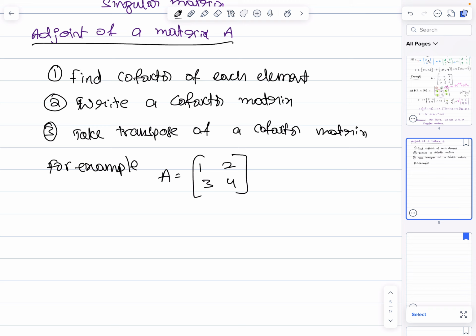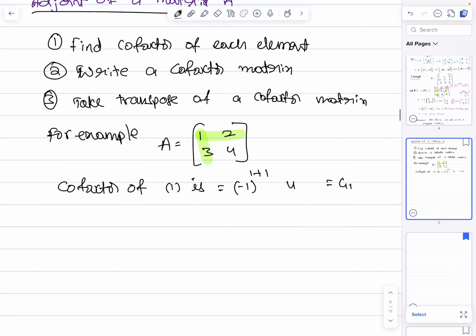Its cofactors for each element you have to find first. You have to calculate the cofactor of 1, which is equal to minus 1 whole power 1 plus 1. 1 is in the position of first row, first column. Like in the determinant, you drop the first row, first column, and when you drop this, you will be getting 4. Therefore, in the cofactor matrix, the first row first position gives this one.